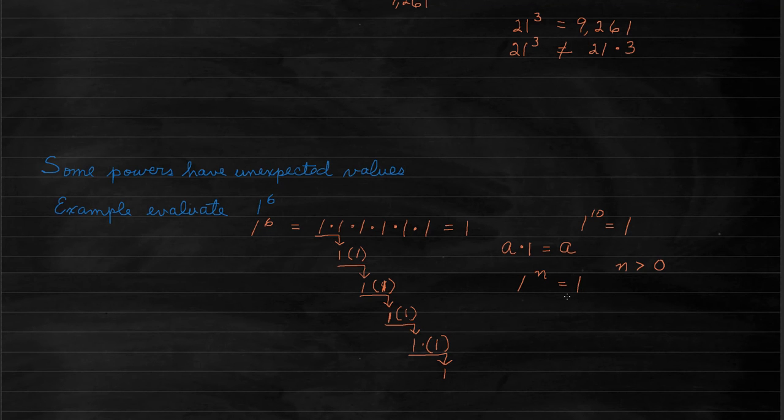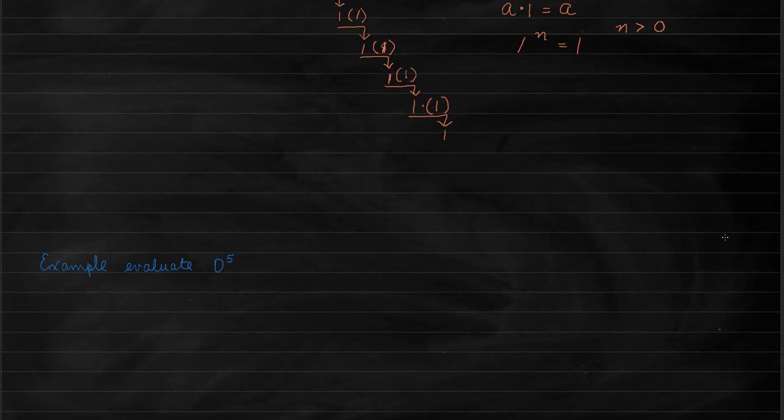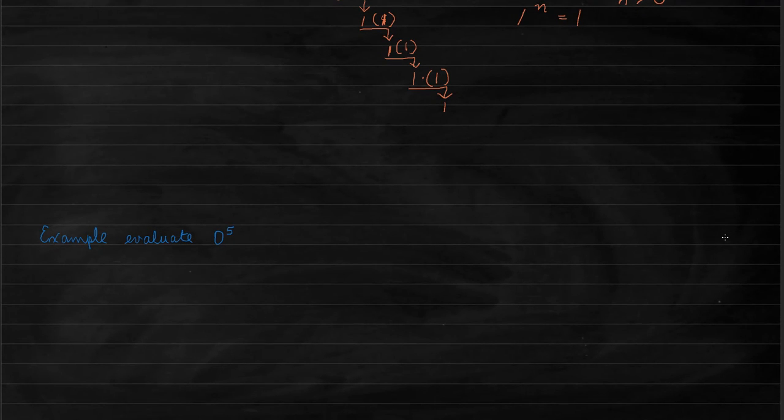Now let's look at another example that might also throw you off. Here we have 0 to the 5th power. Okay, I'm going to finish this in English and then I'll return and do it in Spanish. 0 to the 5th power. If I write this in expanded form, I will write 0 times 0 times 0 times 0 times 0. 5 zeros multiplied together.